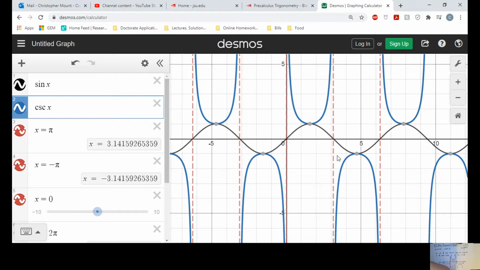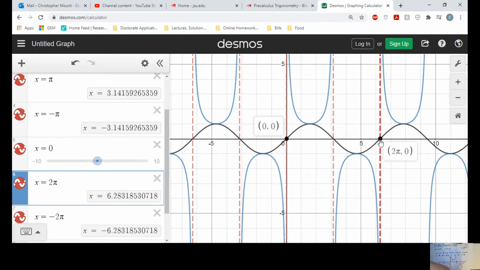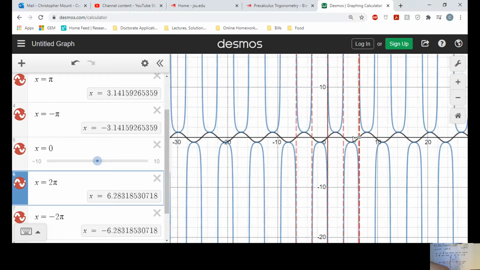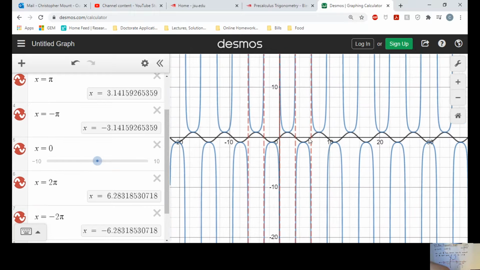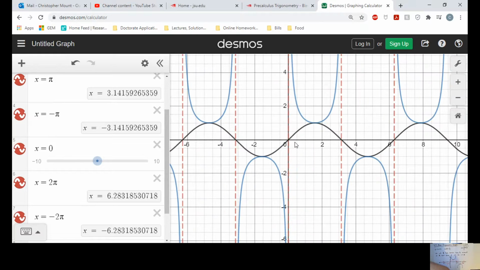This part here and a part that shoots off to the bottom. So it still has period 0 to 2 pi. You got to go from 0 to 2 pi to get a whole cycle of cosecant. But there it is. It seems very strange when you look at it, but it's just a consequence of it being the reciprocal of sine. Look at that. It's kind of nice.